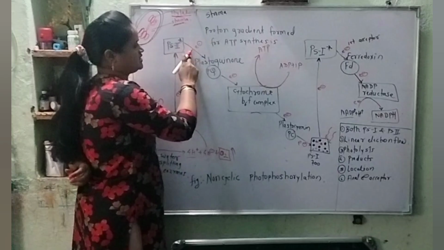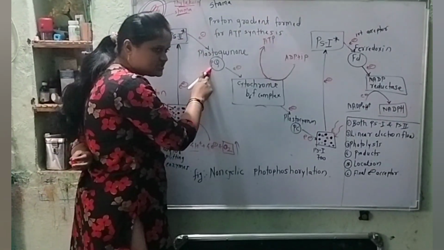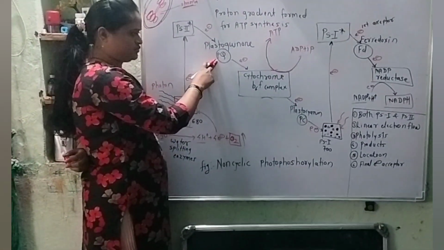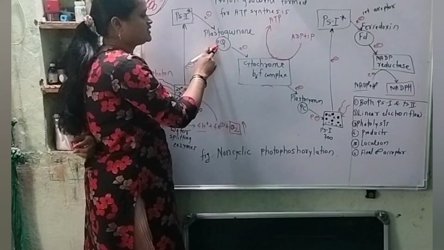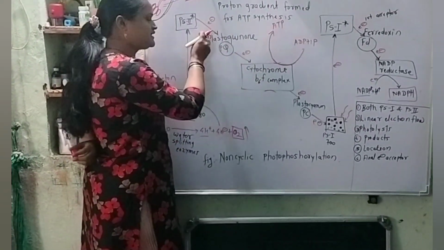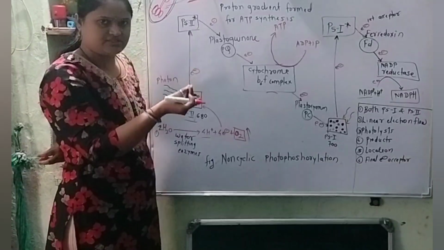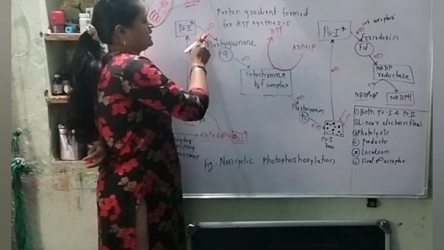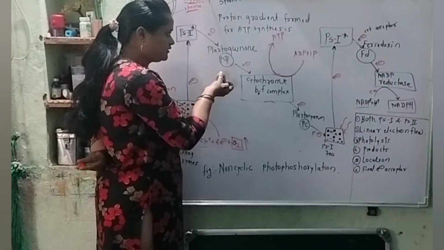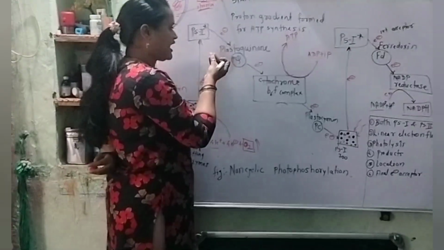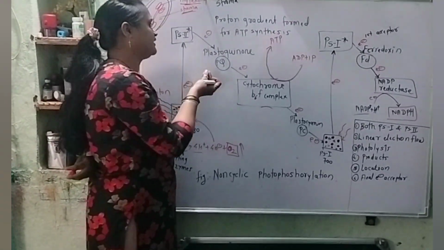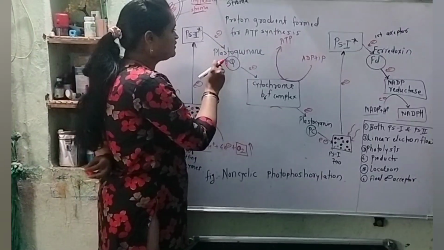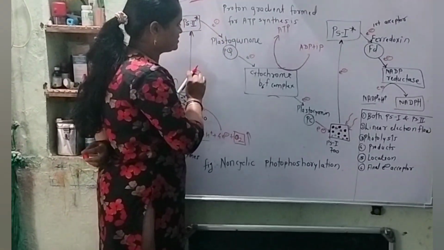This electron is transferred to the first carrier, plastoquinone. Plastoquinone also releases this electron because it has very high energy. If any pigment system absorbed this highly excited energy, the molecule would be broken by this highly energetic electron.